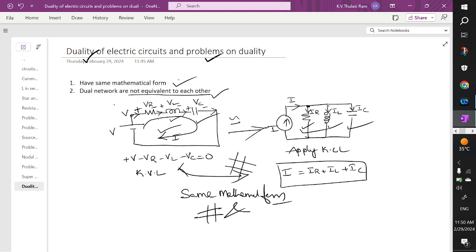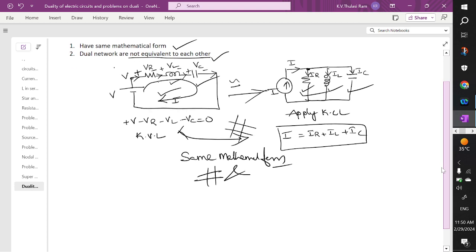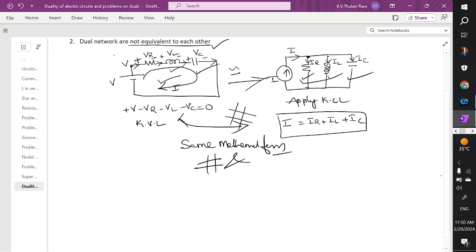So this is how we are going to analyze. Let us try to draw the dual concept. We already know that the voltage across the inductor is V equal to L di by dt, and the current across the capacitor is I equal to C dV by dt. If you want the current across the inductor, it is equal to 1 by L integral of V dt.